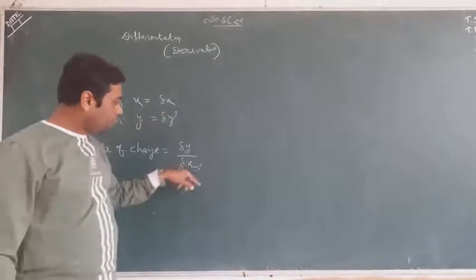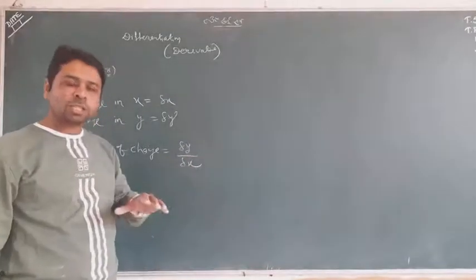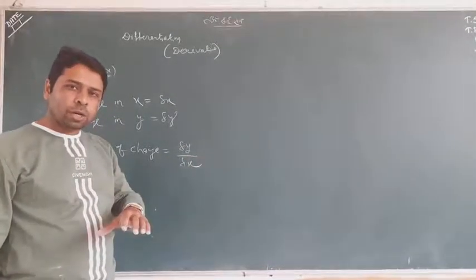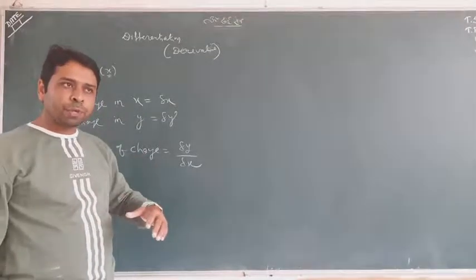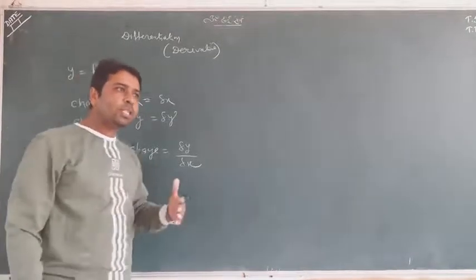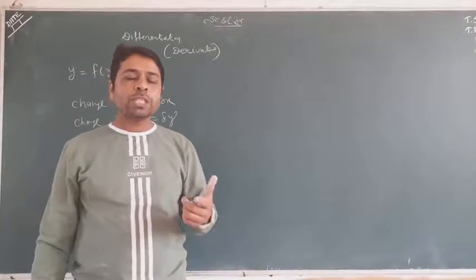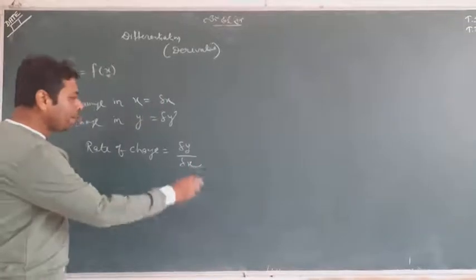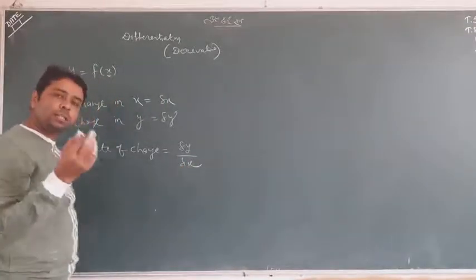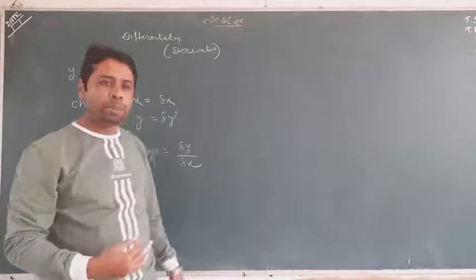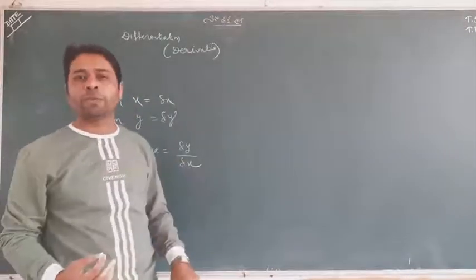The rate of change of y with respect to x, when this change is very small, or an instant change. When this change is very small, meaning the change in x is very small, that whole rate is called differentiation.